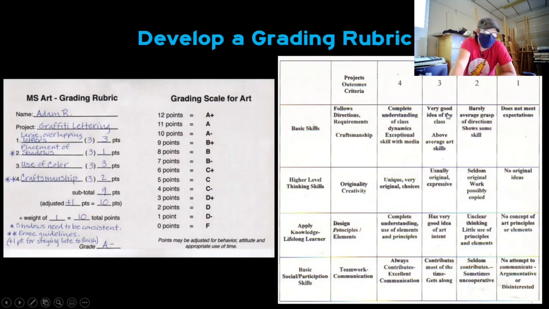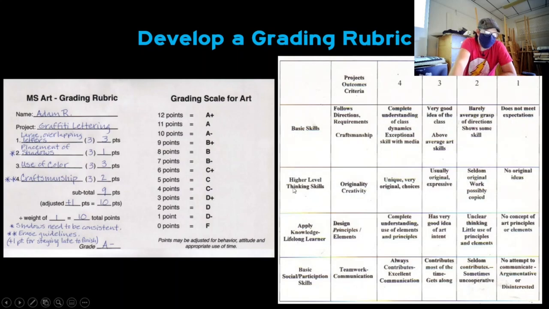So project gets turned in, and on basic skills like following directions and craftsmanship, you've got a grade of 4 through 1, 4 in this case being complete understanding of class dynamics, exceptional skills of media, down to 1 does not meet expectations.